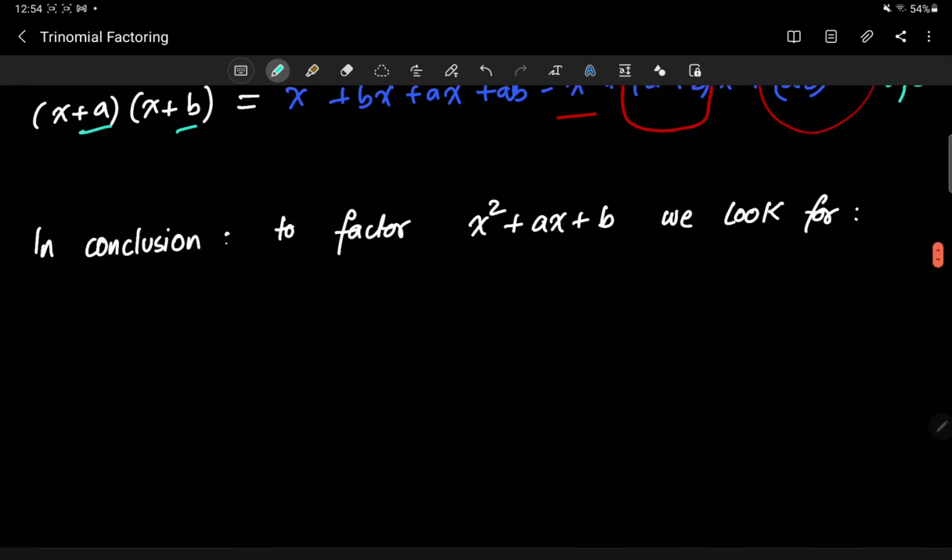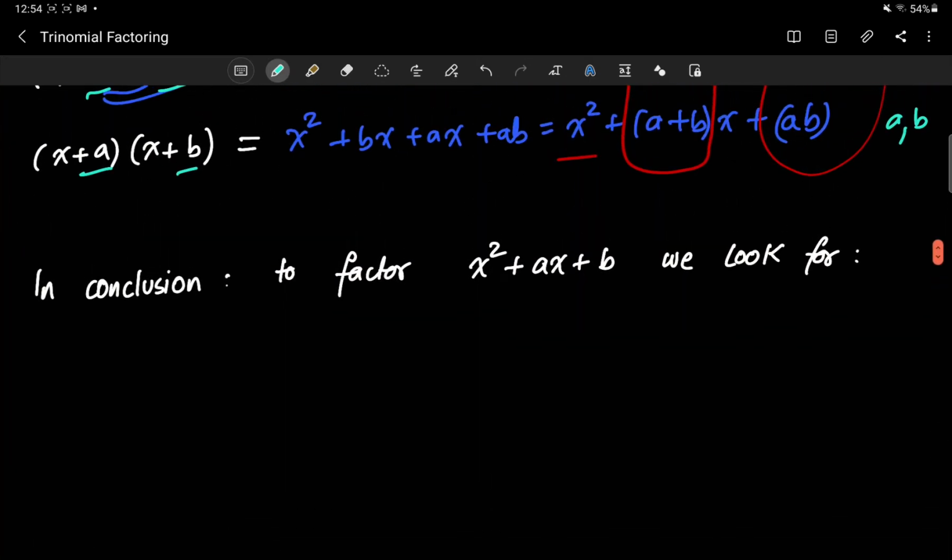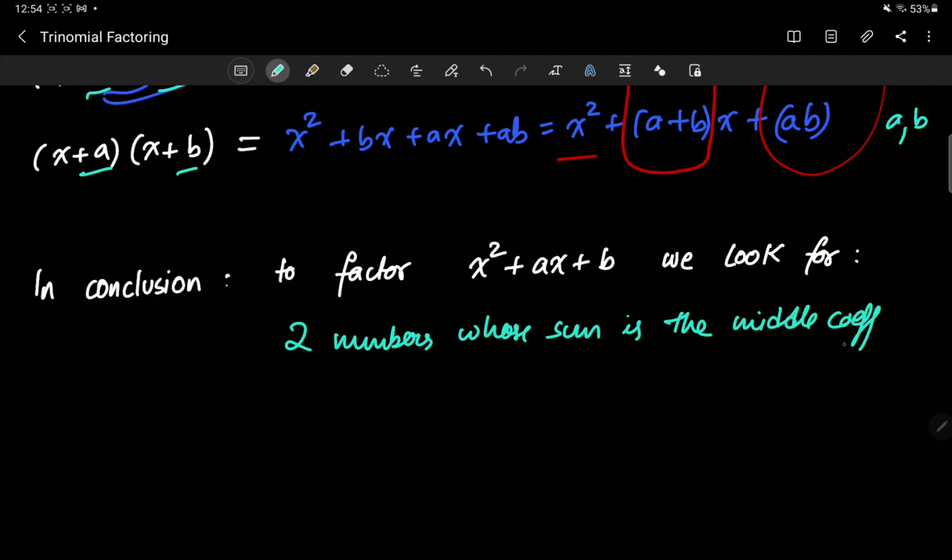So, to factor this, what do we look for? We look for two numbers whose sum is the middle coefficient and whose product is the constant term.